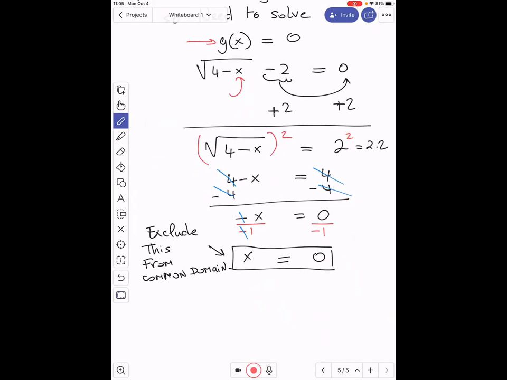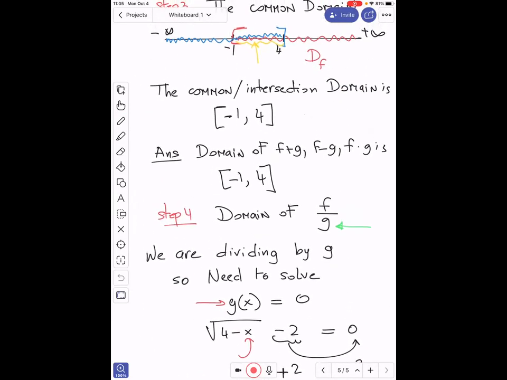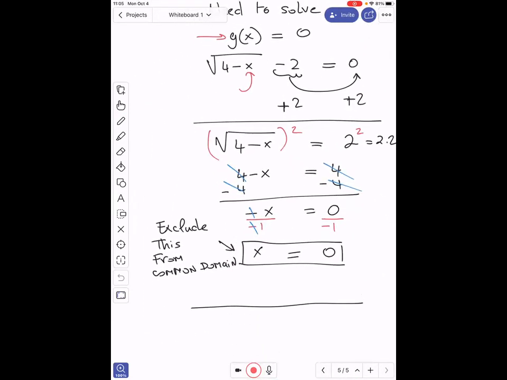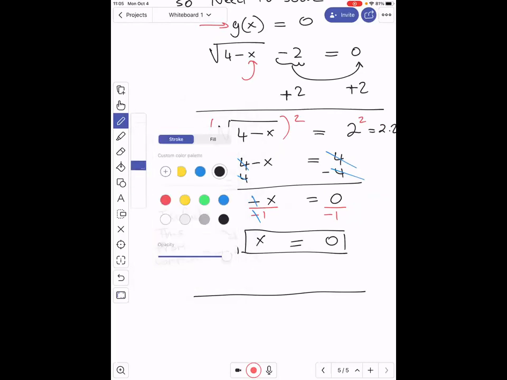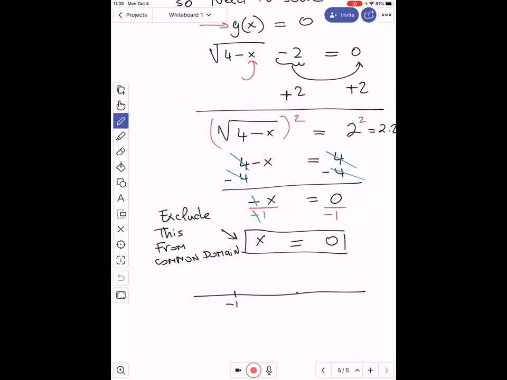So the common domain is from -1 to 4. That's my common domain.